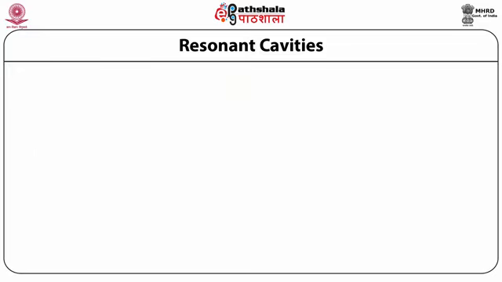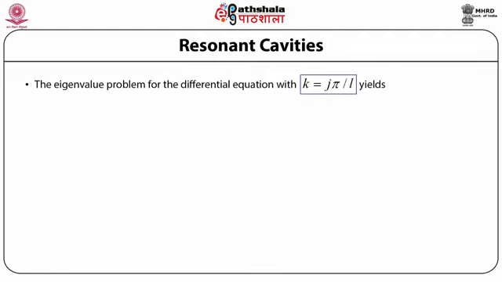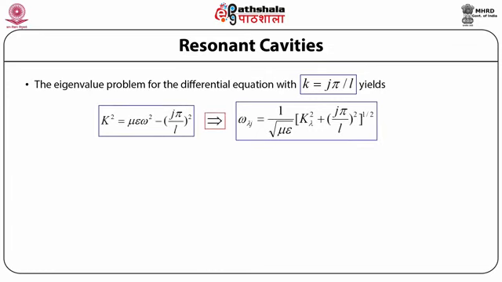Solving these equations, the eigenvalue problem for the differential equation with the wave number k equal to j times pi by L yields the value of capital K square equal to mu times epsilon times omega square minus (j pi by L) whole square.